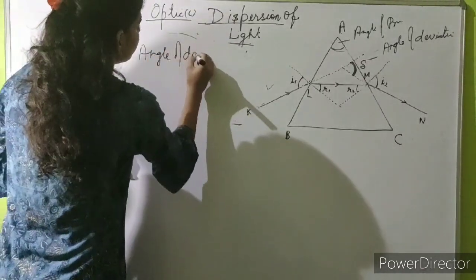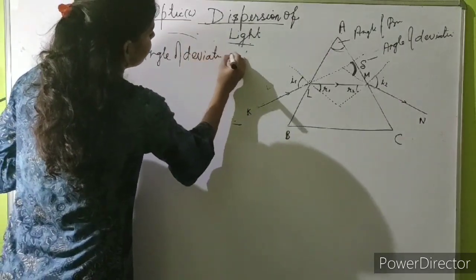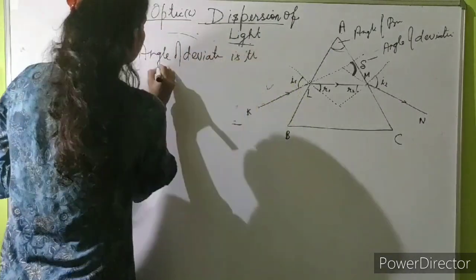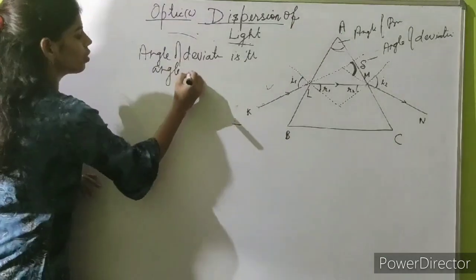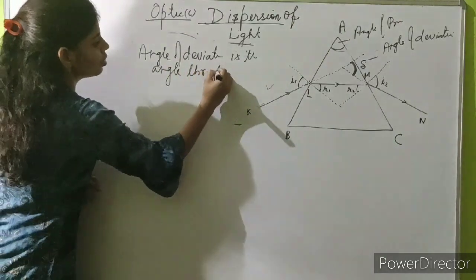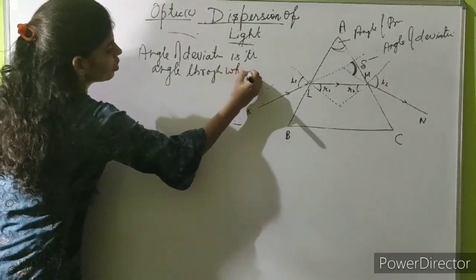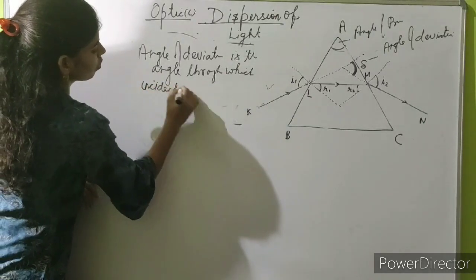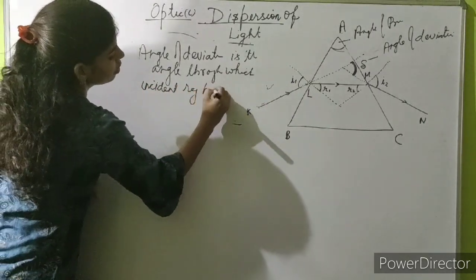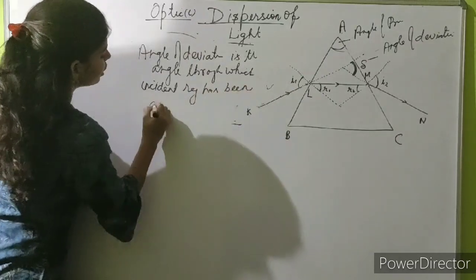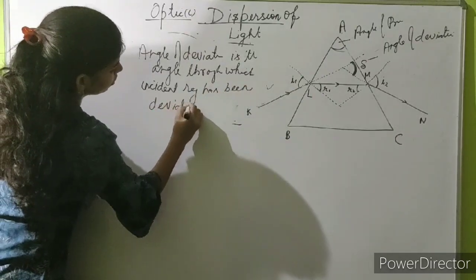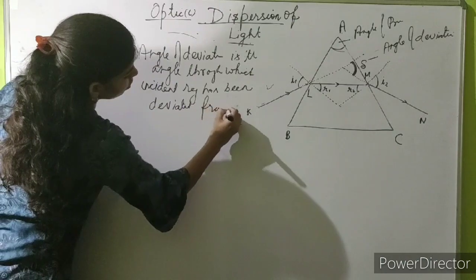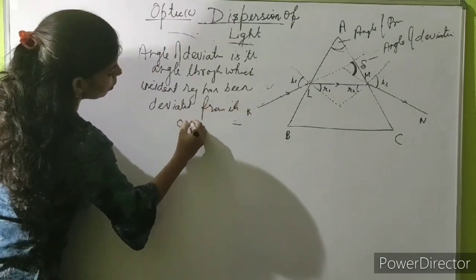Angle of deviation is the angle through which the incident ray has been deviated from its original path.